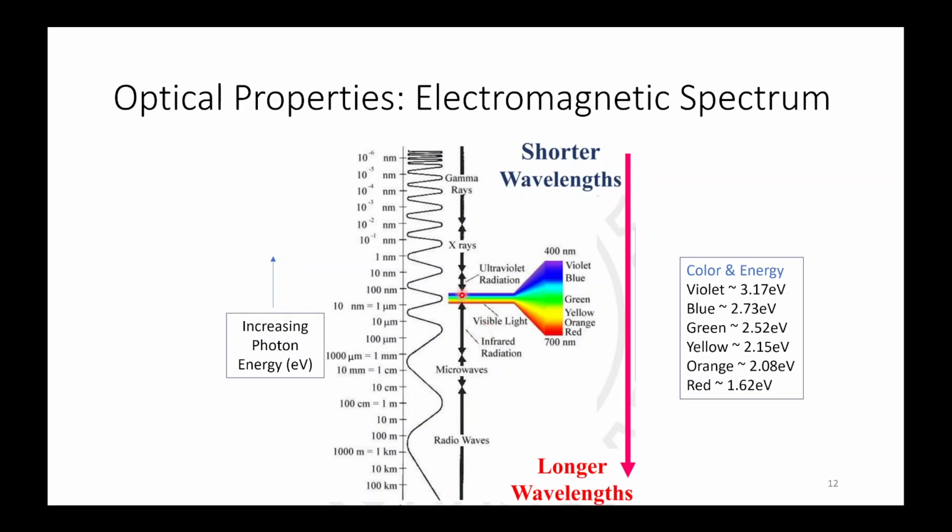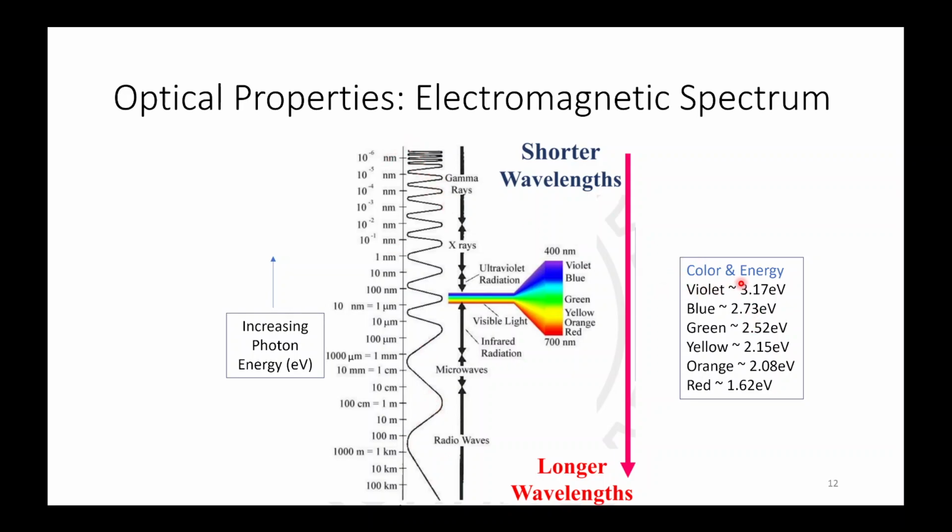This is a very small spectrum. This is the only part of the electromagnetic radiation we can see. Then there is ultraviolet radiation, then X-rays, then gamma rays. Gamma rays have the highest energy, the lowest wavelength and the highest frequency.